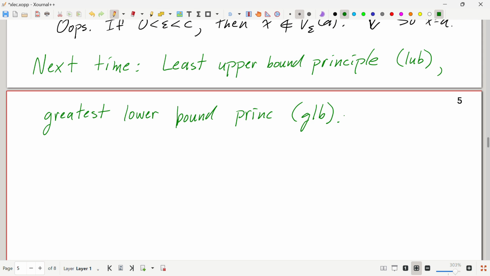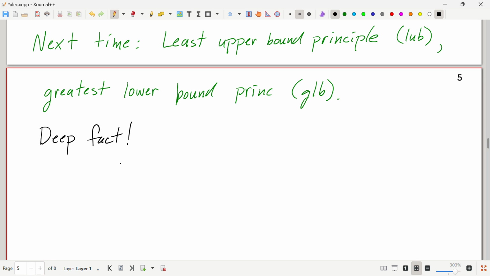But it's the basis of why calculus works. So I would call it a deep fact. Of course, Richard Dedekind was obsessed with it. It's why calculus works. And you didn't think about it when you took calculus because you didn't care why it worked.